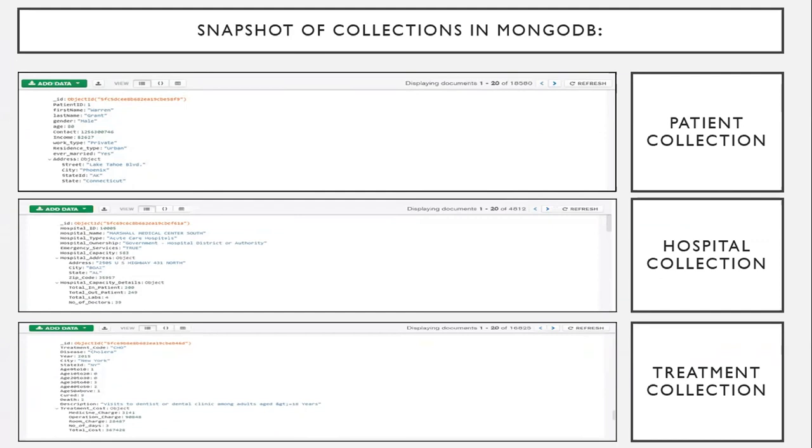Similarly, we have achieved embedding for hospital. As you can see, the zip code, city, and state are embedded within hospital address. Similarly, total inpatient, total outpatient, total labs, and number of doctors are embedded within hospital capacity details. Next slide, please.